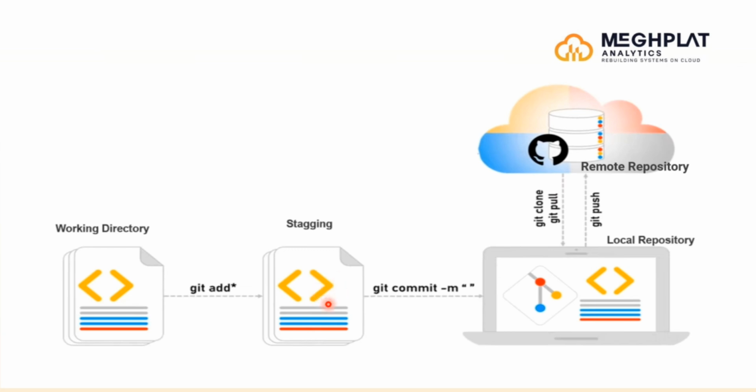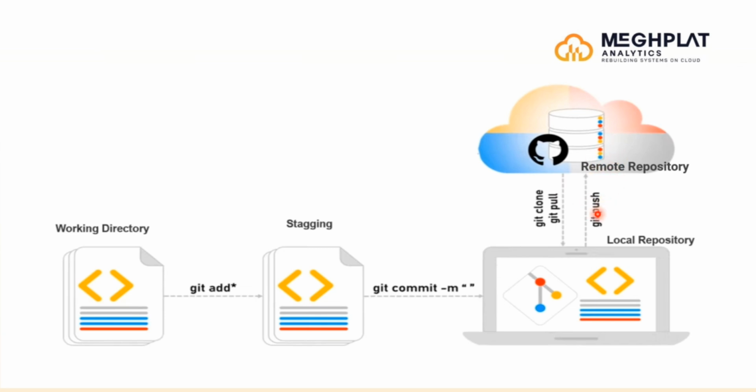From the staging, we commit all the files into our local repository. This is our local repository. So once the files are committed to our local repository, they are ready to push into the remote repository. This is the remote repository. All the team members will have access to the remote repository or global repository, which is basically GitHub.